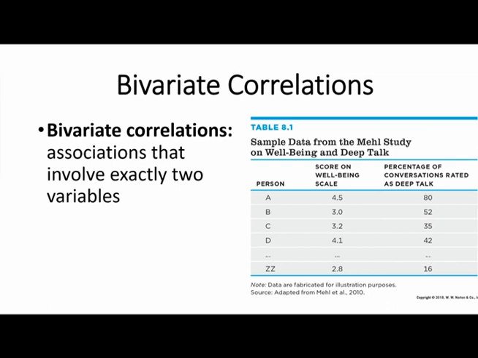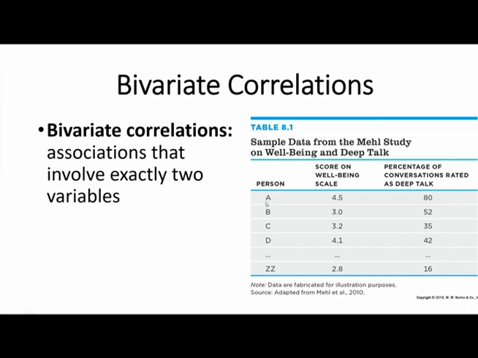Now, just for an example of what we might be looking at for a bivariate correlation, we have a couple of examples. Here we have some sample data from the MEL study on well-being and deep talk. This is from an earlier chapter where they were looking at how people reported on their well-being, how well they think they're doing, and how often they're engaging in deep emotional conversations.